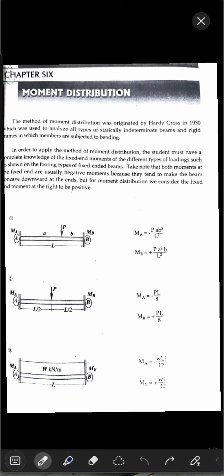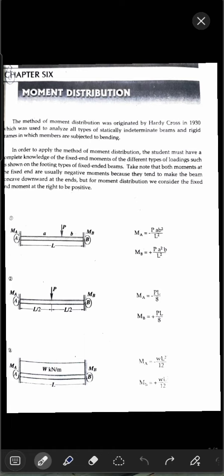So previously, I have introduced to you one of the ways of solving end moments and internal moments, by using the three moment equation.